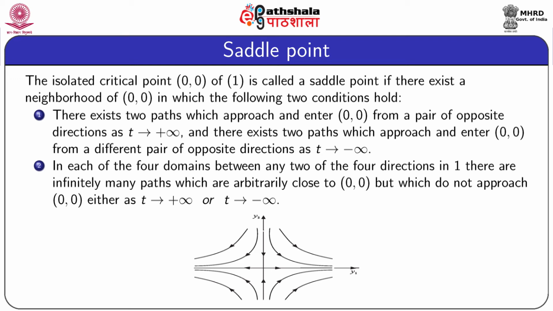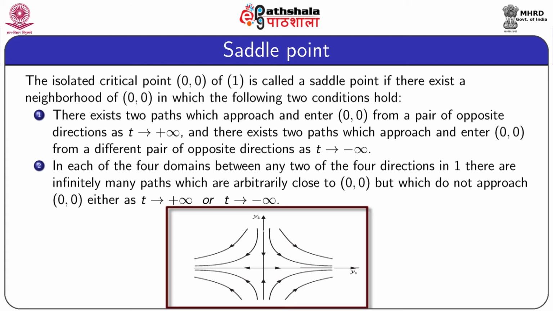In the second statement, it says in each of the four domains between any two of the four directions in (4), there are infinitely many paths which are arbitrarily close to (0,0), but which do not approach (0,0) as t tends to plus infinity or t tends to minus infinity. In fact, these paths will be asymptotic. So, these paths are this curved line, and you will draw this curved line in such a manner that please consider this arrow and this arrow.